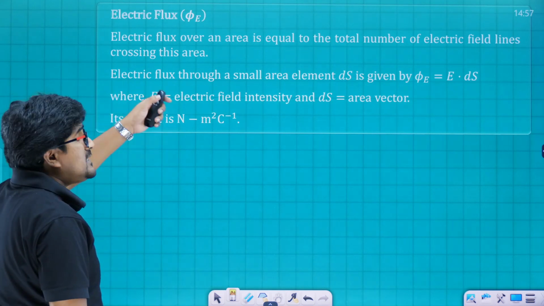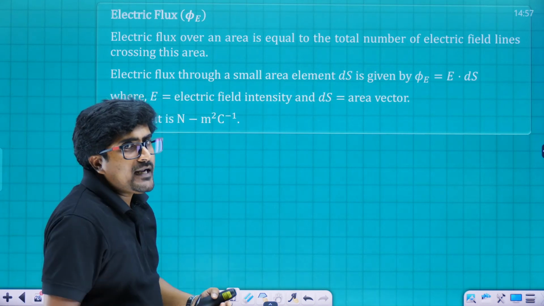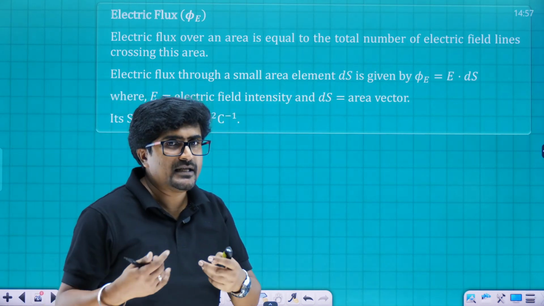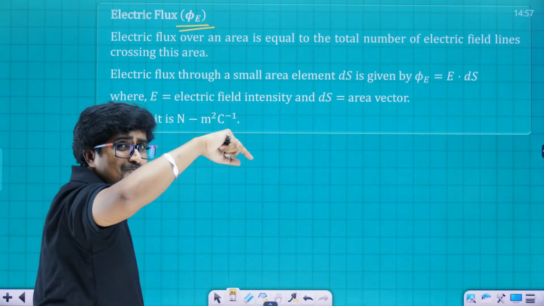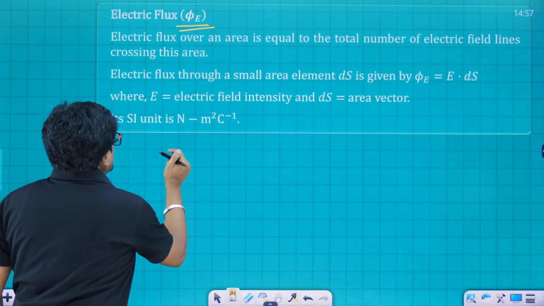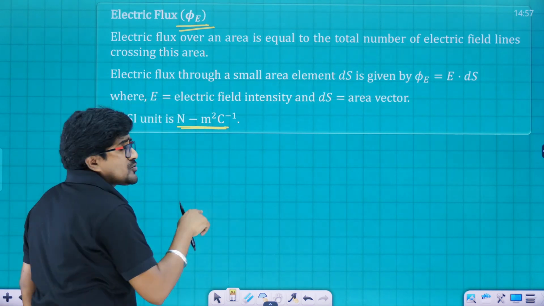Moving to the next, that is electric flux. The electric field lines perpendicularly linked with any given surface is known as electric flux, represented by the letter phi suffix e. The unit is m square per coulomb.